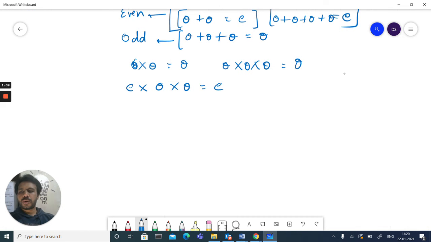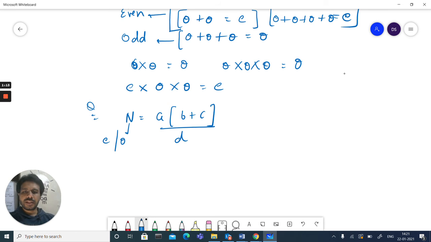There is a number n, which you get after doing this operation: a into b plus c, divided by d. You have to find out whether n would be an even number or an odd number. The question also gave that a, b and c are odd numbers, while d is an even number.